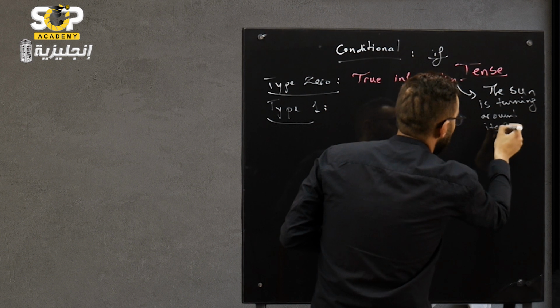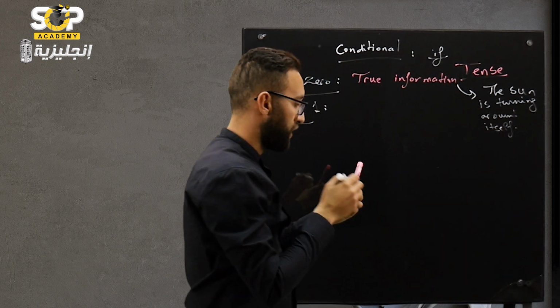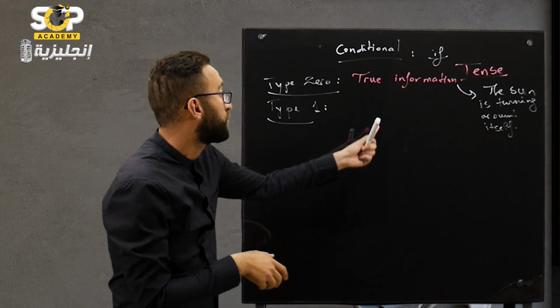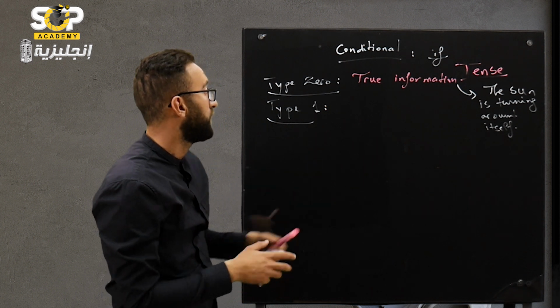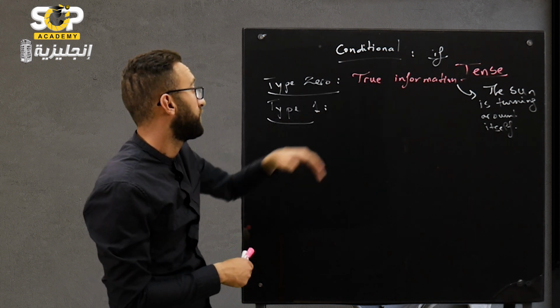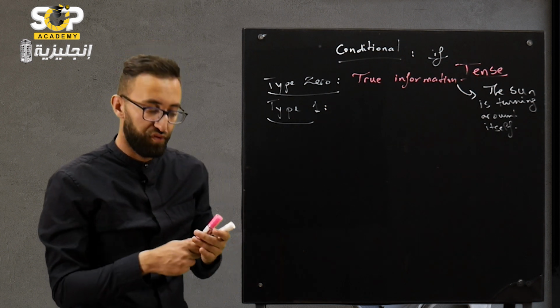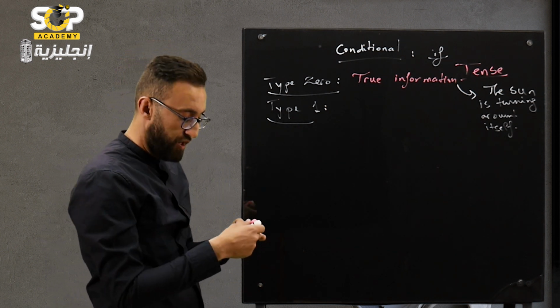That's a true information. How can I apply the conditional on a true information? Using the if conditional.